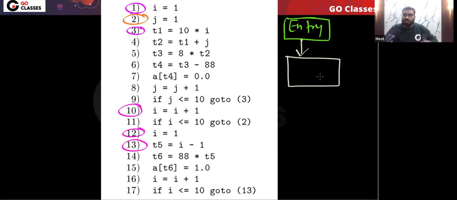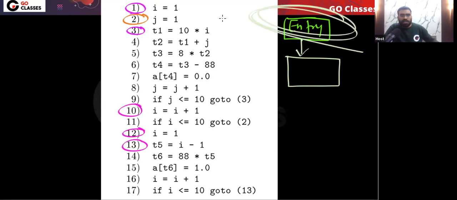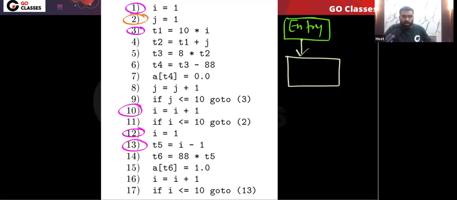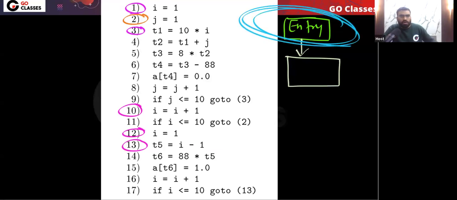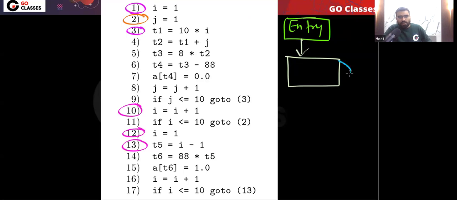From this special entry node, there will be only one edge, to the first instruction of the program. Yes or no? Very good. So from this entry node, there will be only one edge to the basic block which contains the first instruction of the program. Okay, very simple point. Now, from 1, there will be an edge to 2.